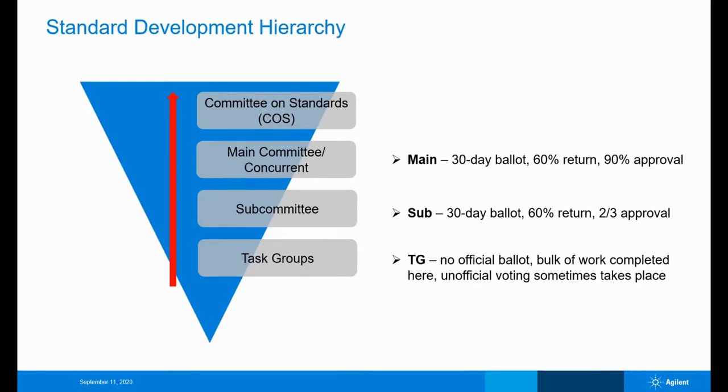If it's approved at main, then it moves to Committee on Standards for final review, and it also has a 30-day ballot review with due process, and it also has an appeals process at that point. So that is the general hierarchy of how a standard moves through the ASTM process.